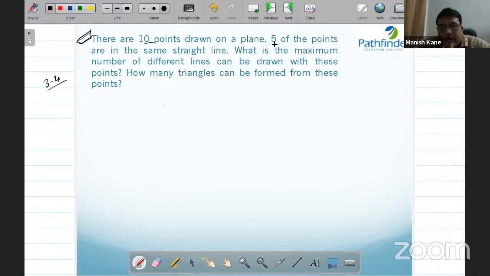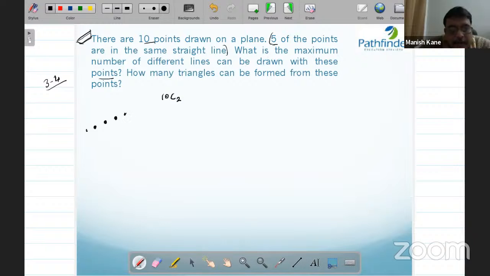Okay, 10 points are drawn in a plane. What is the maximum number of lines that can be drawn with these points? So if this constraint were not given that 5 points are in the same straight line, then my answer would have been 10C2. But since 5 of these points are in the same straight line, these points won't form different lines.